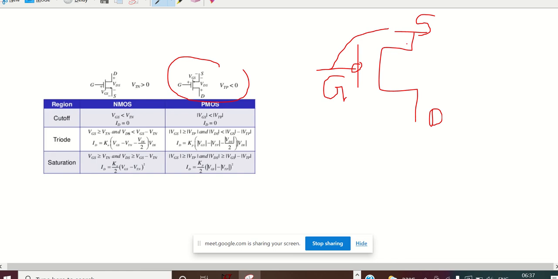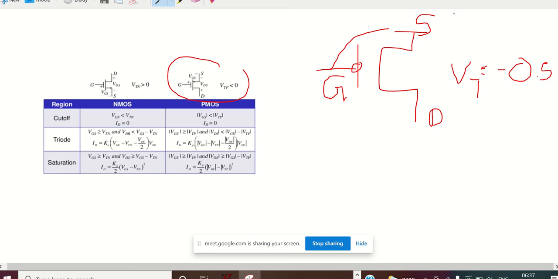Vg and Vs, and the threshold Vt is also negative. It will be minus 0.5.